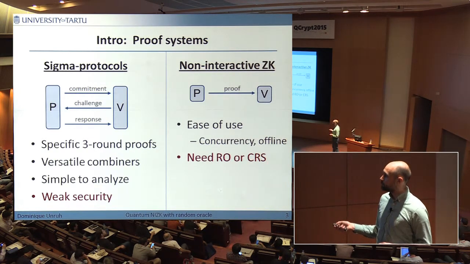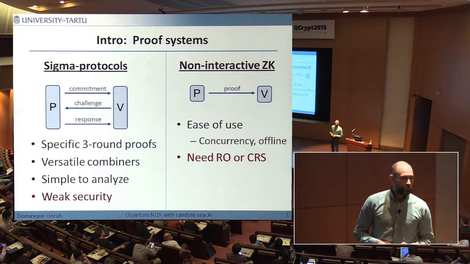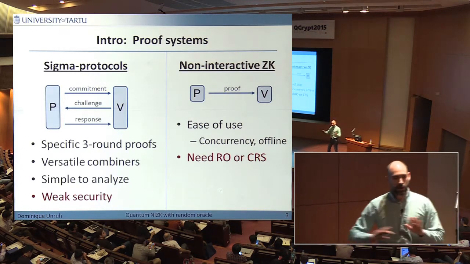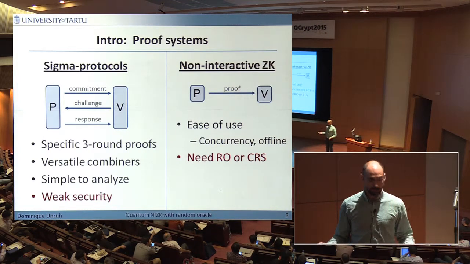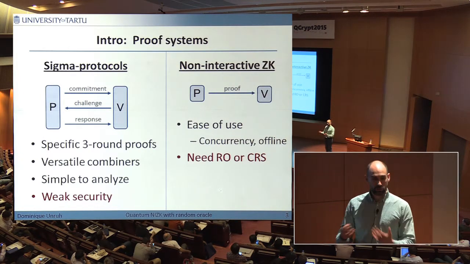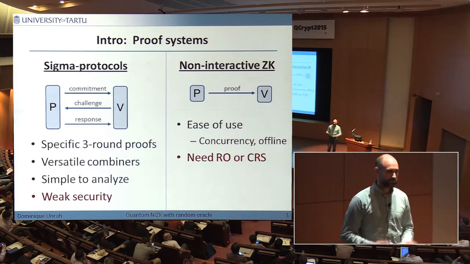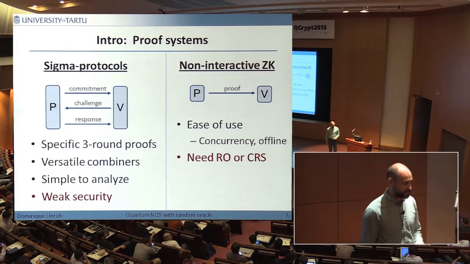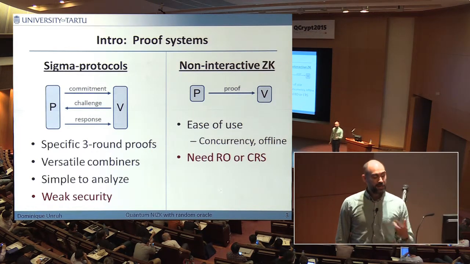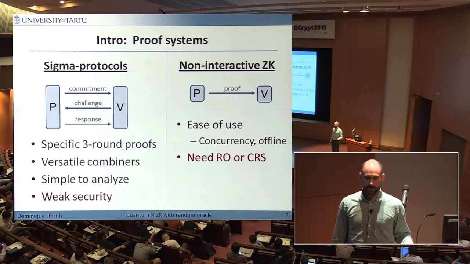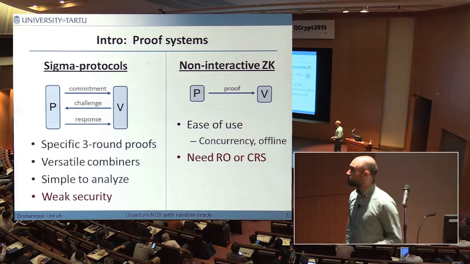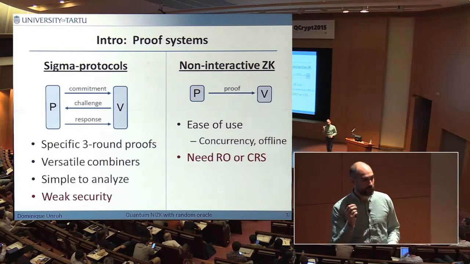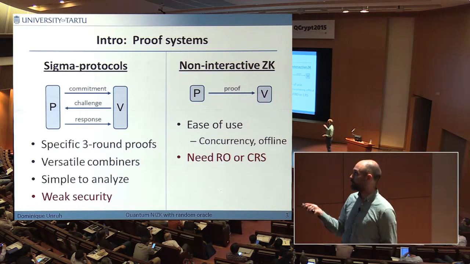One possibility, called common reference string, would be that we need some publicly known random value that is known to everyone in the world. But there the problem is who chooses it. Whom do we trust enough that this string is indeed random? Because if you choose this string maliciously, you will be able to cheat in this proof.